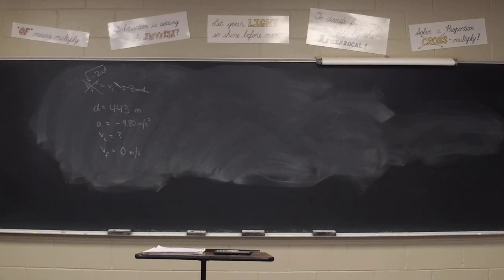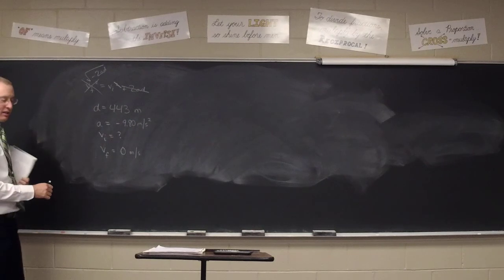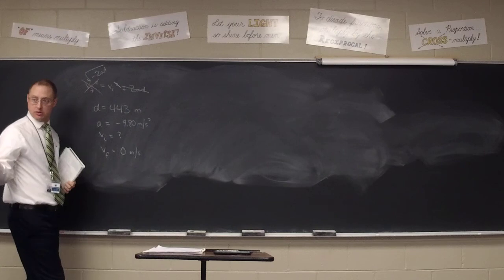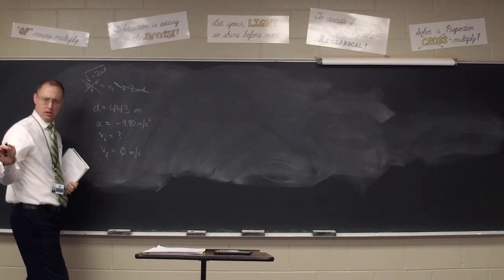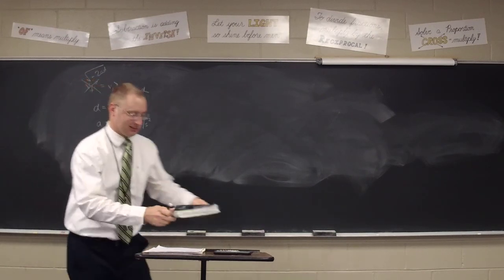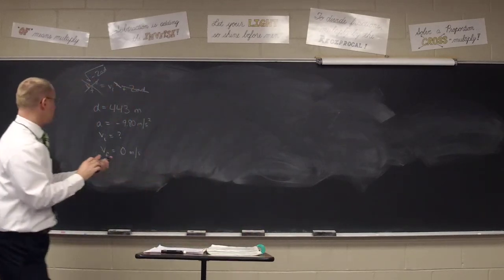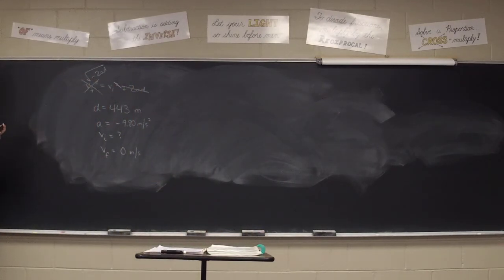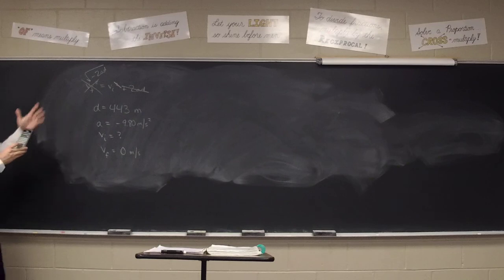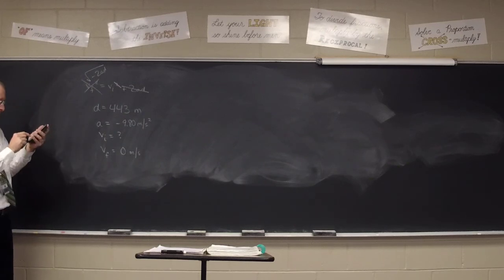And how fast does the arrow have to leave the bow in order to get that high, ignoring air resistance, of course? We always ignore air resistance. 65.9 meters per second. That's what I got. You got 65? Okay, plug it in. It's negative 2 times negative 9.8, so the negatives cancel, times 443. Take the square root.